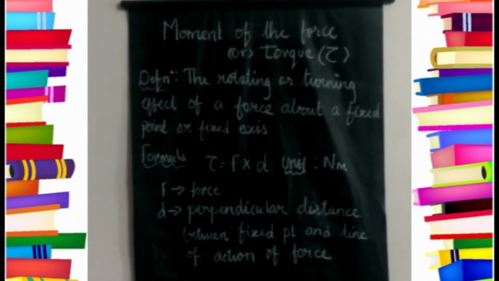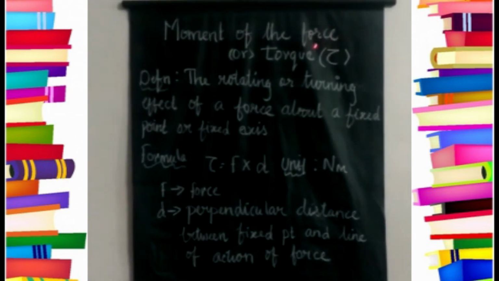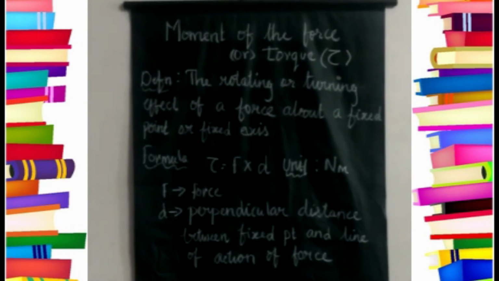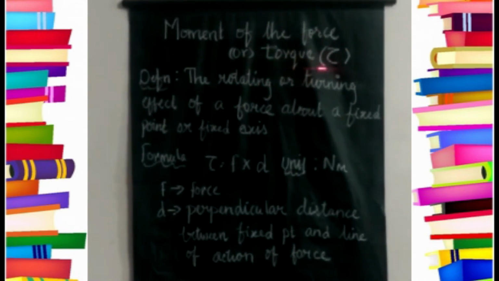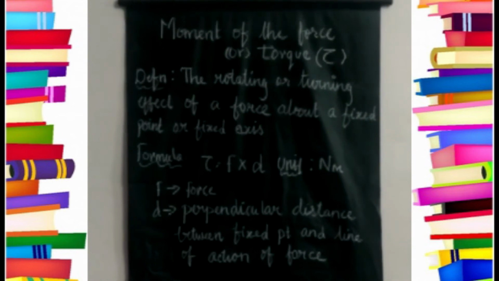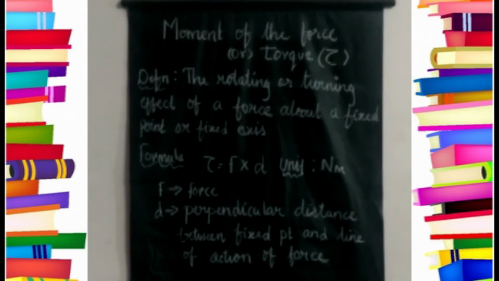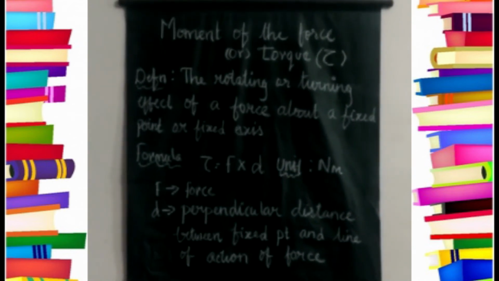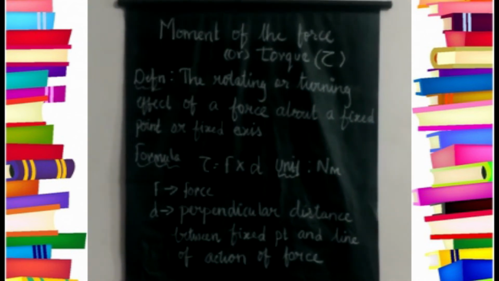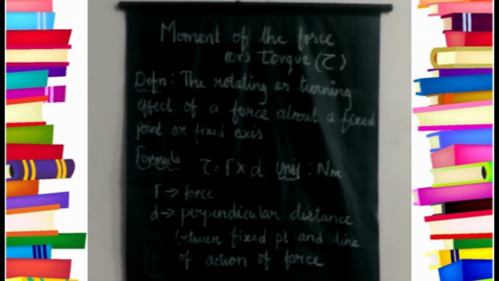The next topic is moment of force, also named torque, and this torque is represented by the letter tau. The definition for the moment of force is the rotating or turning effect of a force about a fixed point or fixed axis.